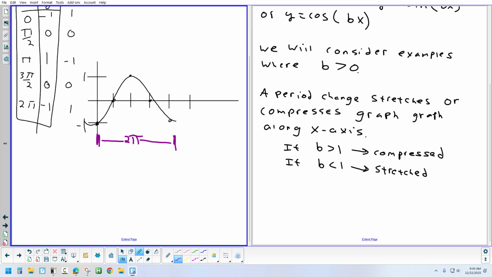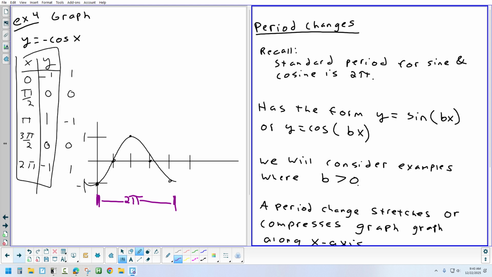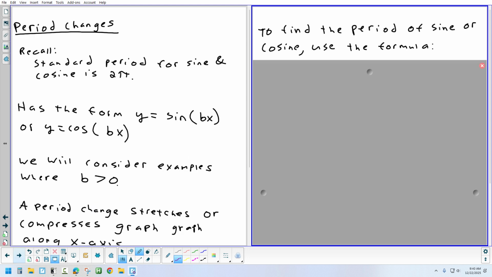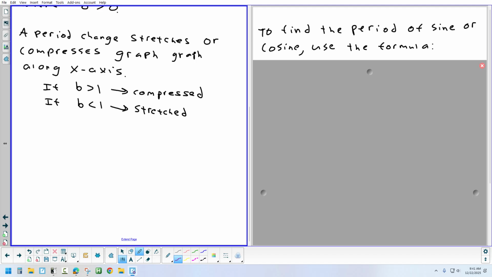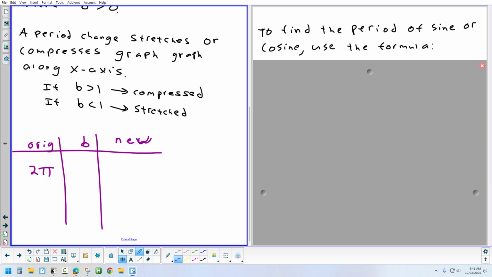All right. So then let's say the period was 2 pi. And let's say we had a b value of 1/2.